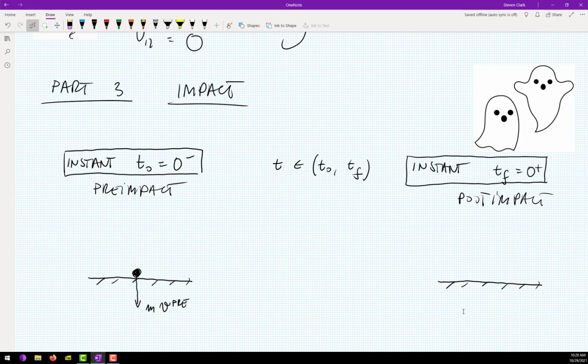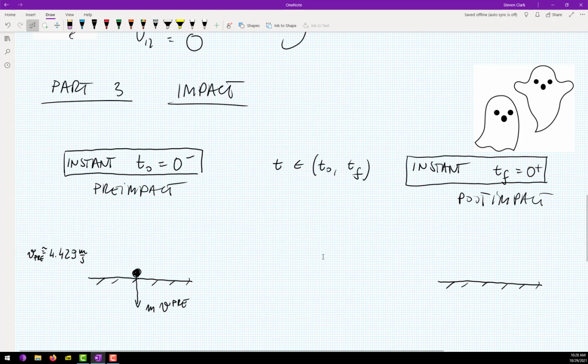And by the way, we found that v pre-impact was, if I remember correctly, 4.429. So that was the whole point of part number 1 of this problem, to find that velocity.